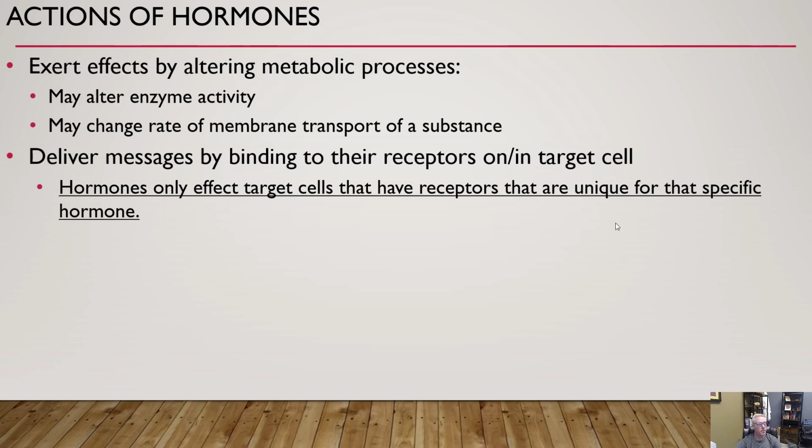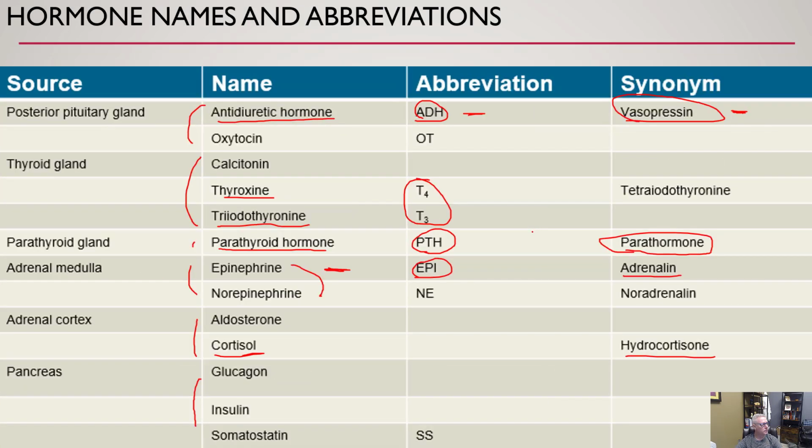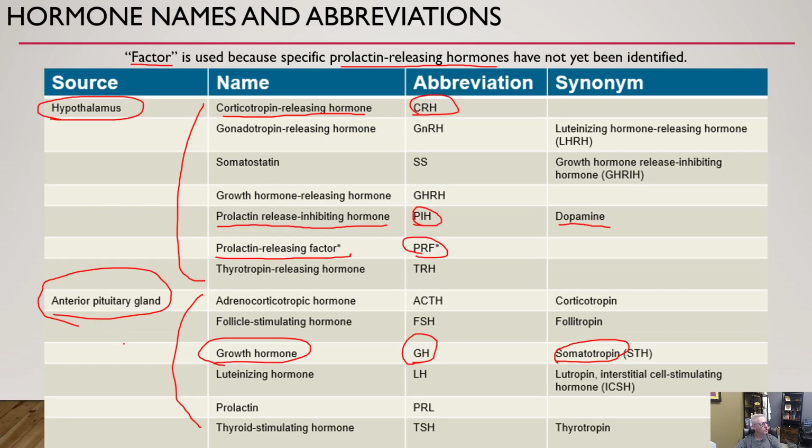So if we're talking about growth hormone releasing hormone, GHRH, that's going to work on the anterior pituitary to release growth hormone.